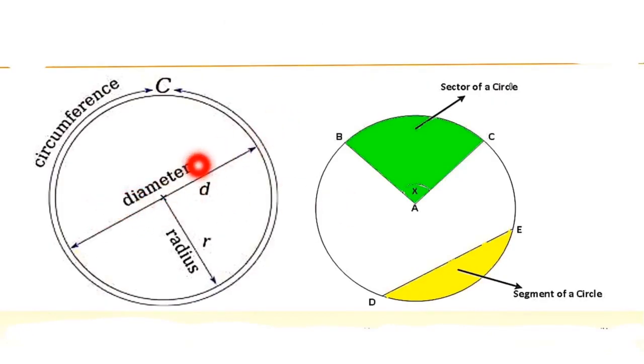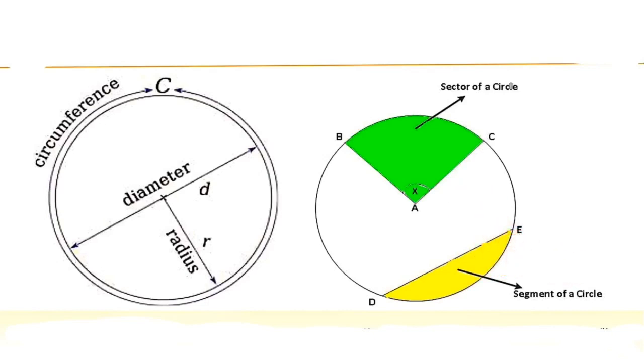By drawing this chord, the diameter, we can have two halves of the circle, right? So we got two parts of the circle. Each part is called a segment. Can you see this? Here this is in white color. This is one part, and this yellow color is another part. So each part of the circle is called a segment of a circle.